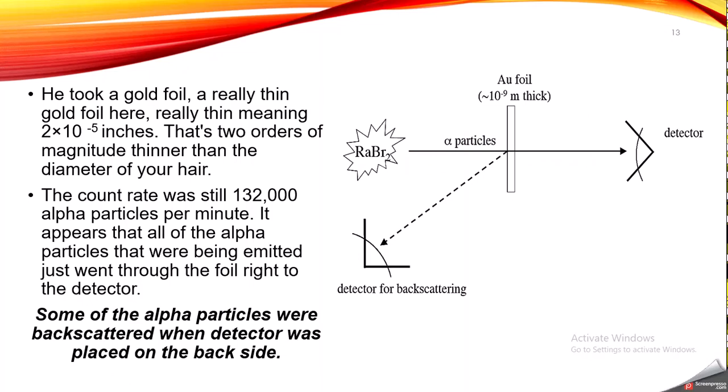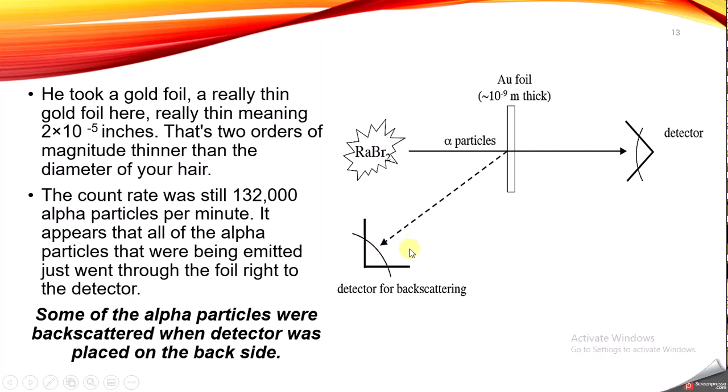So he asked one of his students to create a detector which can be moved from one place to another. He prepared a detector which can be moved, and when he placed the detector at this place, surprisingly he saw that some of the particles were getting detected on this side, and he noted tick, tick, ticking on the detector indicating the striking of alpha particles.